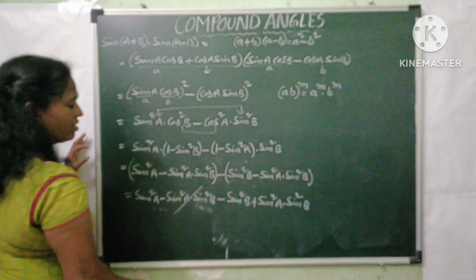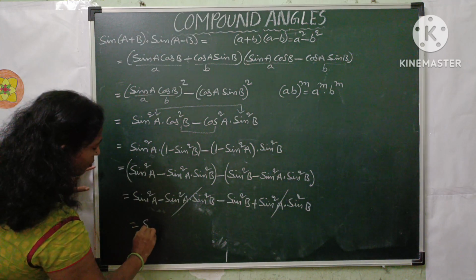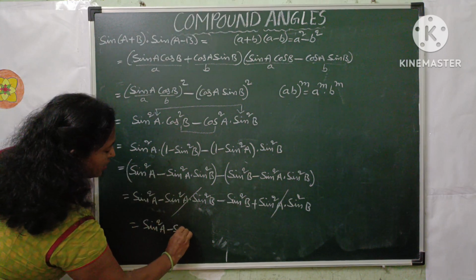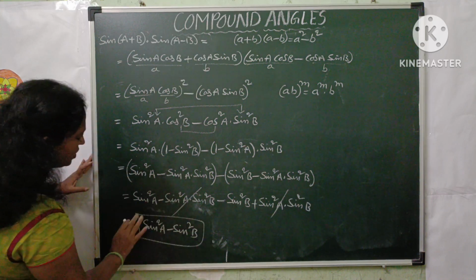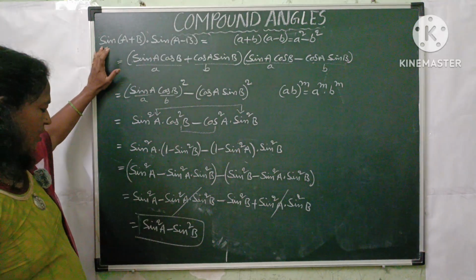Now the sin square a sin square b terms both cancel. Then sin square a minus sin square b is left over. This is one formula. Okay.